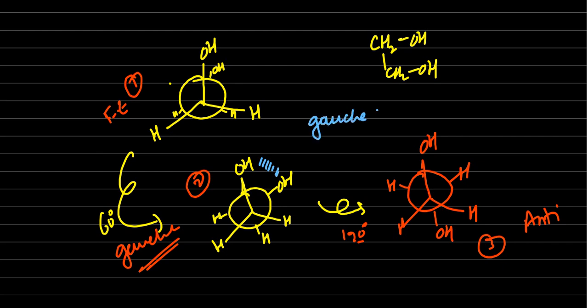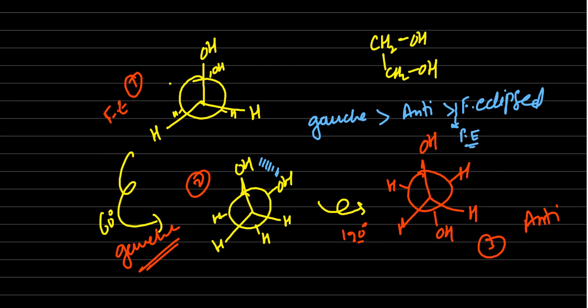Gauche is more stable than anti, than fully eclipsed. Suppose partially eclipsed is there, here it will come. Partially eclipsed, here it will come.